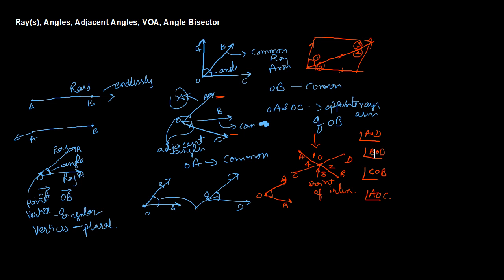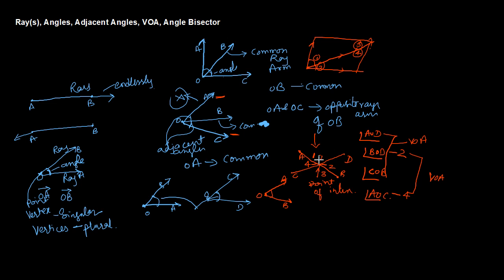So if I take angle 2, which is BOD, that is 2, and opposite to that is 4, AOC, that is 4. These two are vertically opposite angles. Similarly, these two are vertically opposite angles.